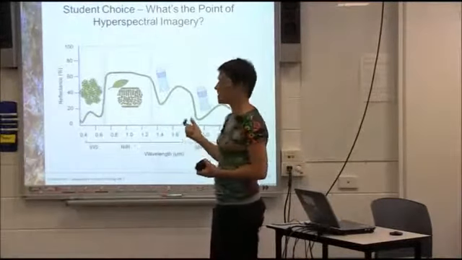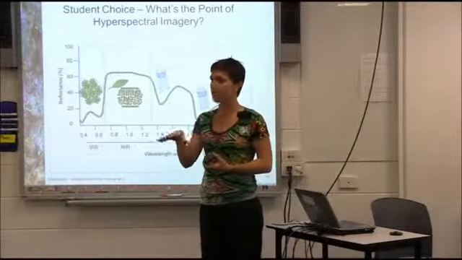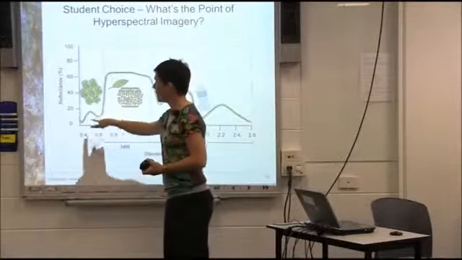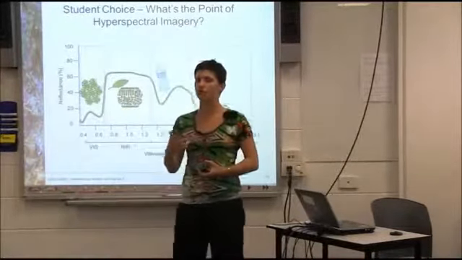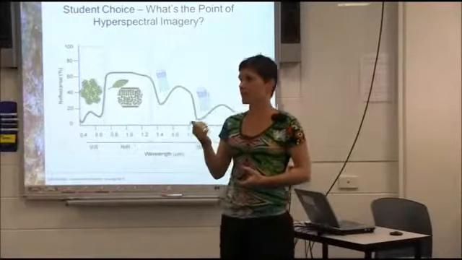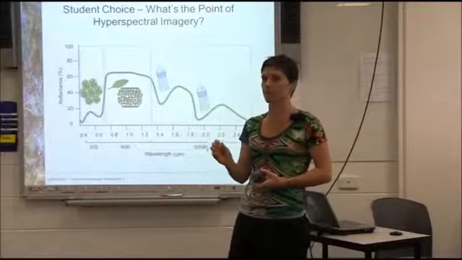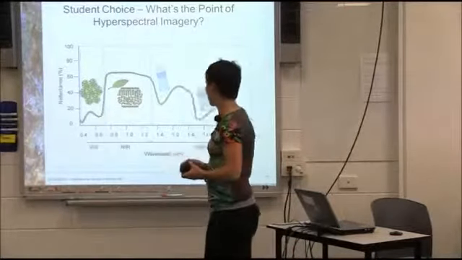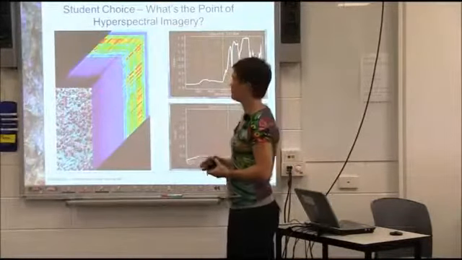So if I want to be able to measure the amount of pigments that I see in a particular area in an image, I need the fine detail around the blue and the red areas, okay? Because I know that that's where pigments, for example, chlorophylls, carotenoids, that's where they're absorbing, okay? So that's where I need a great deal of detail that this just simply doesn't provide me.